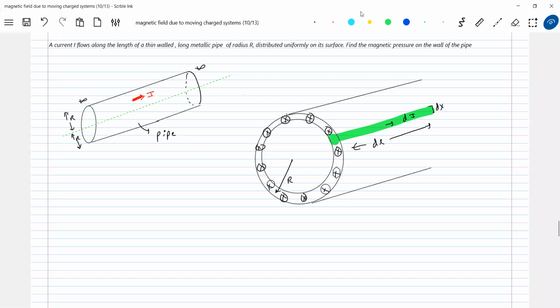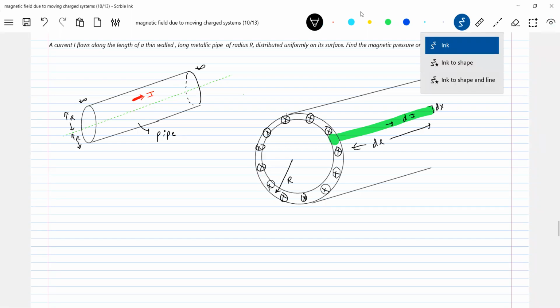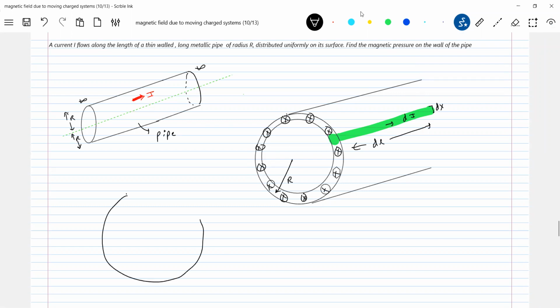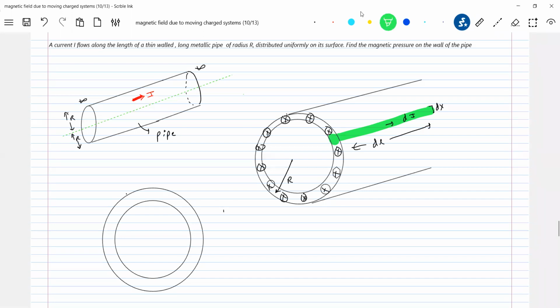So I'm asking you to assume elements here. Let me assume that element here.